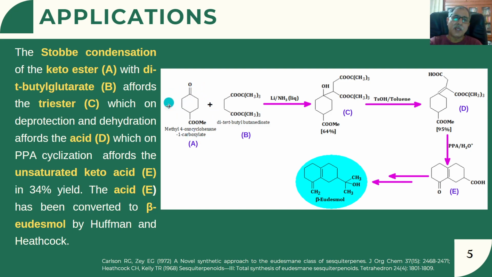So when a gamma keto ester of this type, methyl 4-oxocyclohexane 1 carboxylate, is reacted with tertiary-butyl glutarate in presence of lithium and liquid ammonia, the addition of the carbanion will take place across this carbon, and this oxygen will acquire negative charge, and this will become OH.